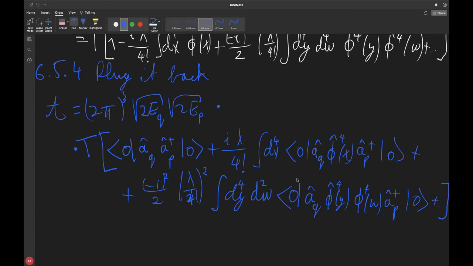It's a big equation. We have different powers of lambda, and we can label the amplitude according to that.